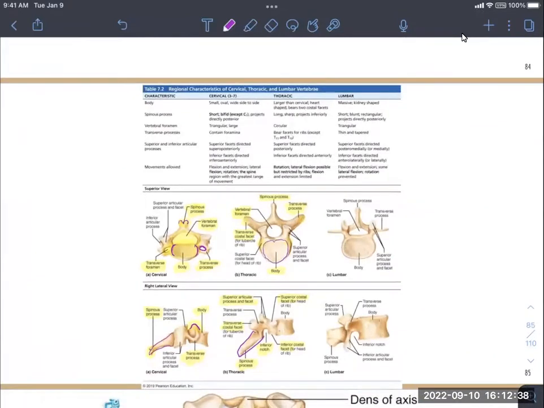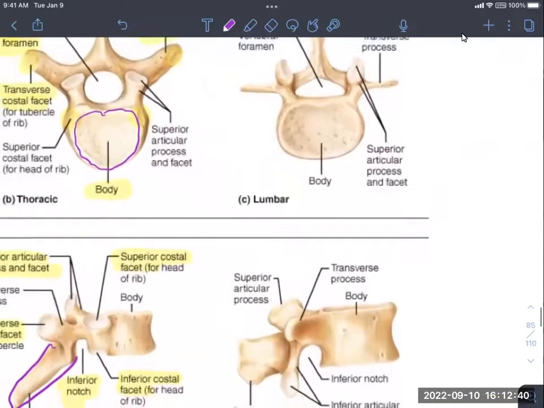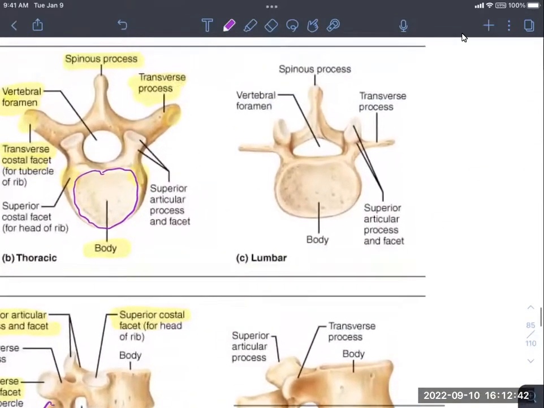Let's look at the lumbar vertebrae while we're here. Lumbar vertebrae have the largest body. They're more kidney bean shaped here. They do not articulate with ribs, so they don't have any costal facets. But their transverse processes go straight out to the side, like if you're holding your arms at a 90-degree angle out from your body.